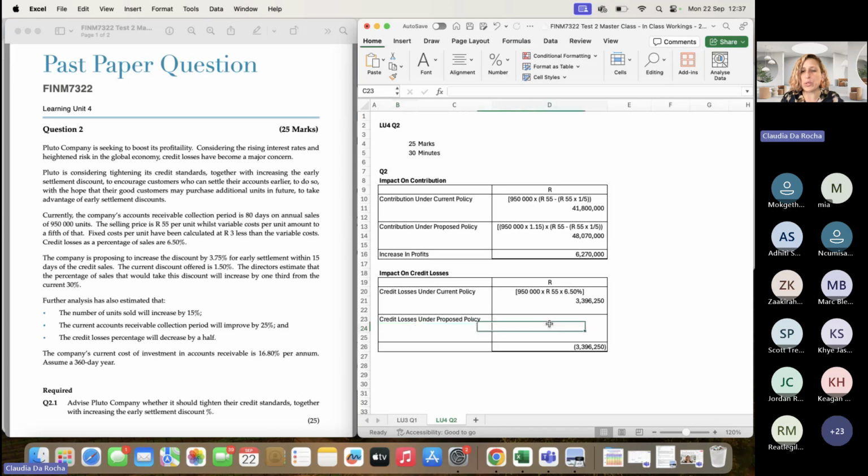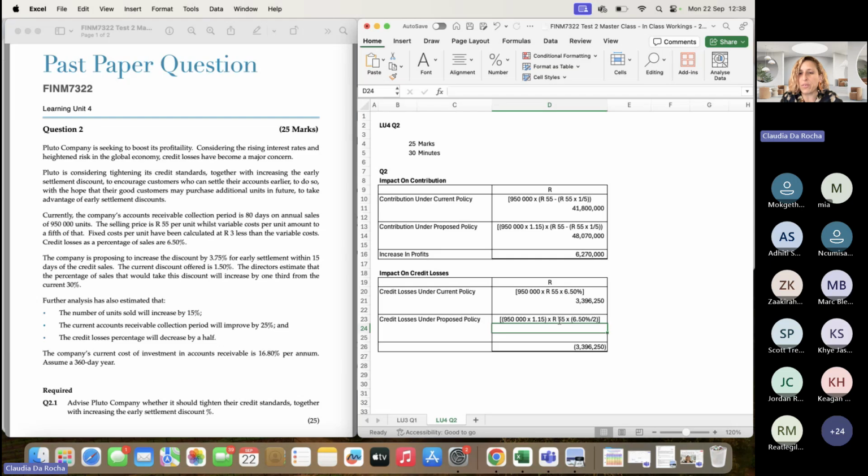Then under the proposed policy, we take the 950. We need to increase the 950 by the units, because remember, it's increasing. We then have to multiply by the 55, but then we also have to times it by the percentage that's going to be halved. So remember, it's the 950 increased by the 1.15.